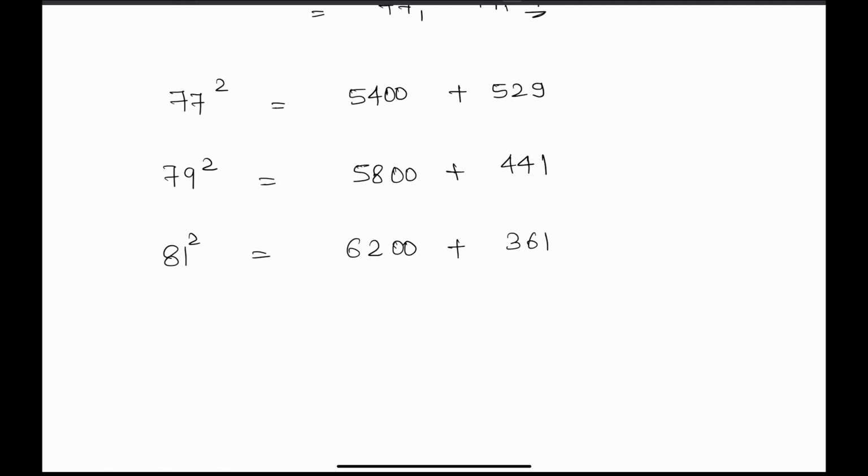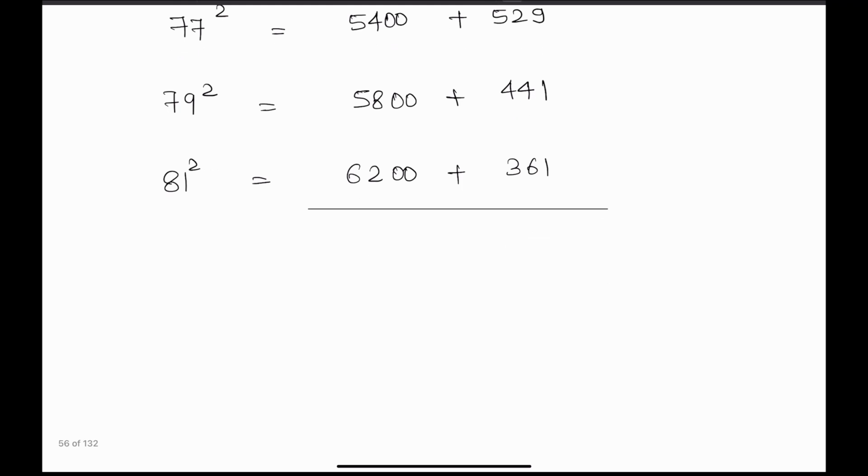Okay, now if we sum, it's easy to calculate. 2 digit, 54, 58, 62. This is 54 plus 4, 58, 58 plus 4, 62. So we can think 58 into 3 in our mind.